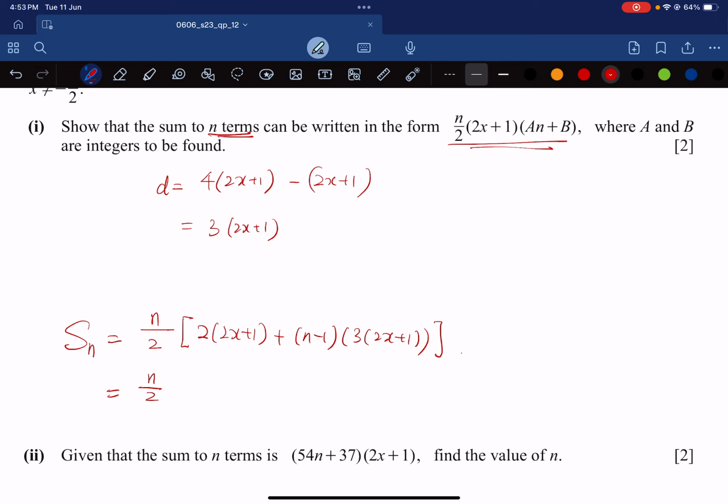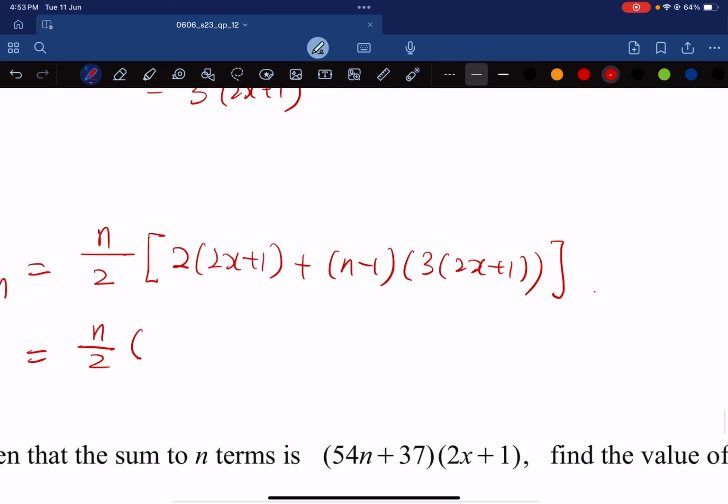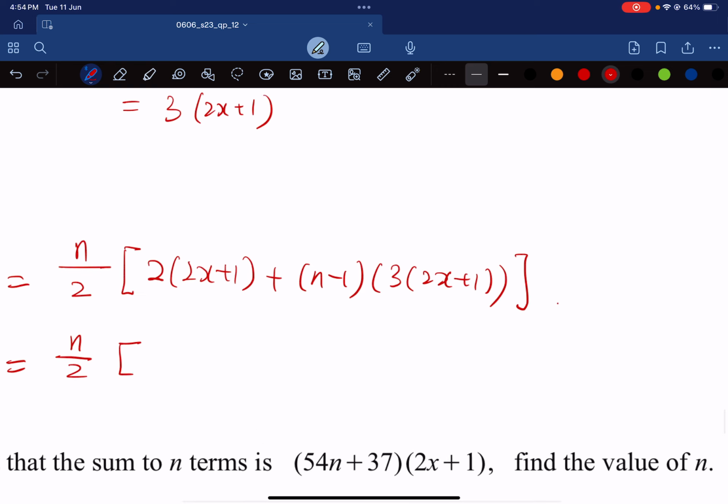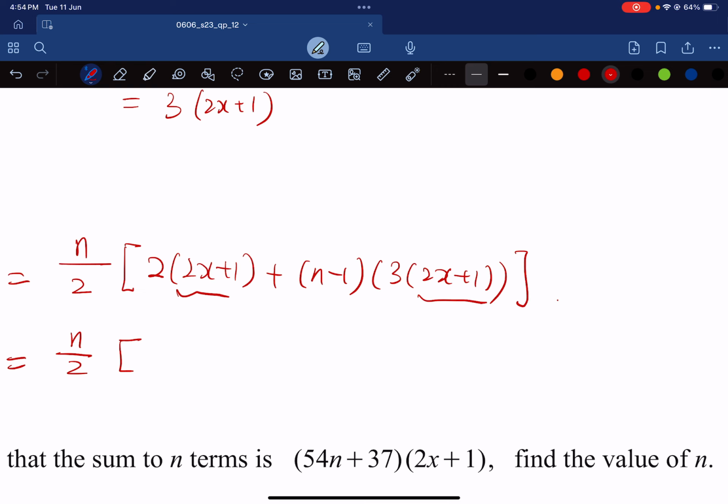So n over 2, this would be 2 times 2x, 4x plus 2. The question is asking for 2x plus 1, so I should factorize the 2x plus 1 out. 2x plus 1, we have 2 plus 3n minus 3.